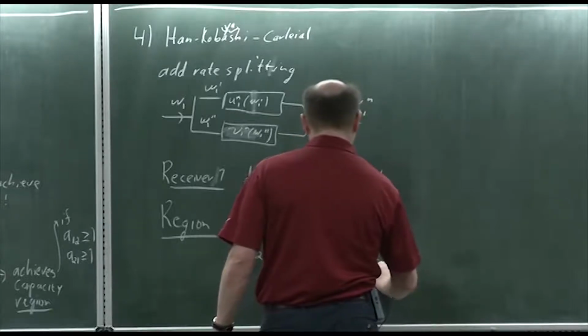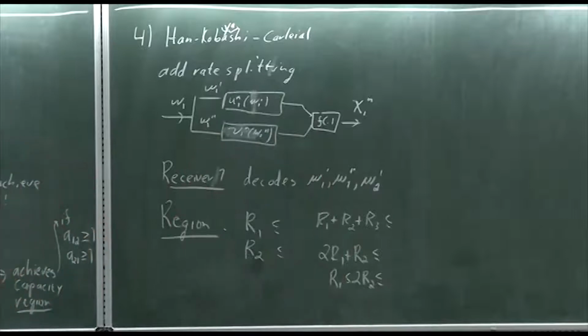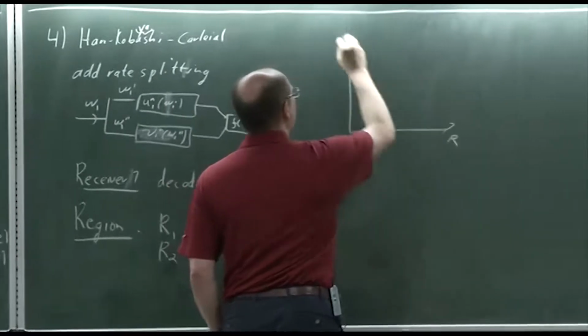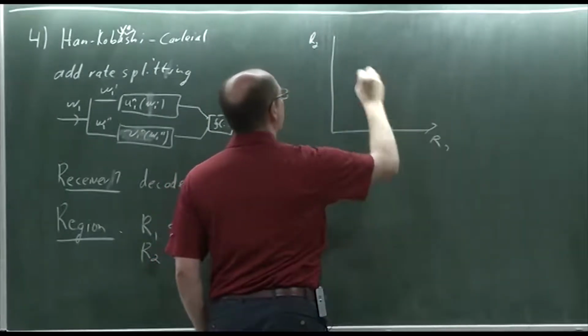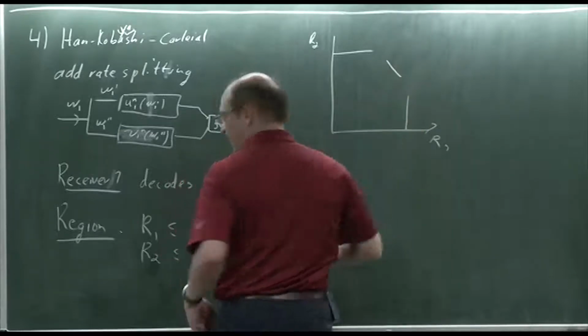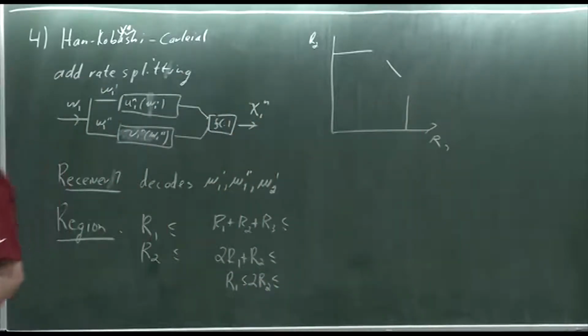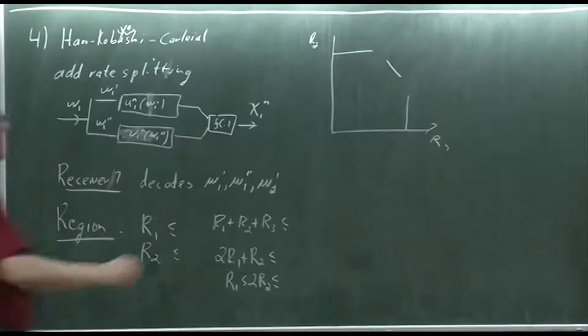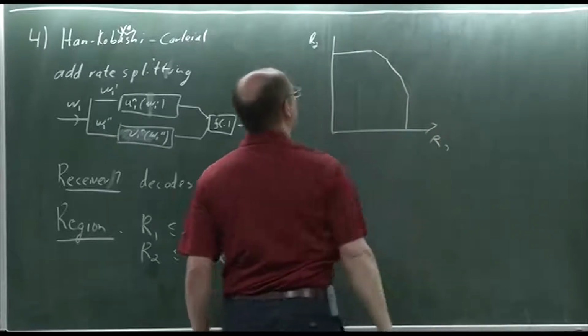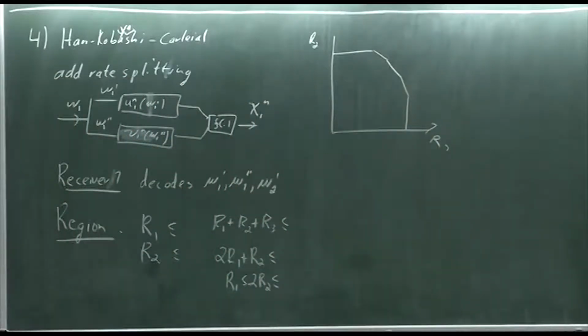So we wound up with a region with 7 bounds, and that's currently viewed as the state of the art in this area. So a region that looks like this: bound on R2, bound on R1, bound on the sum rate, and then the 2 other bounds with the funny slopes. Slope minus a half, slope minus 2, right? So those are the 7 bounds.